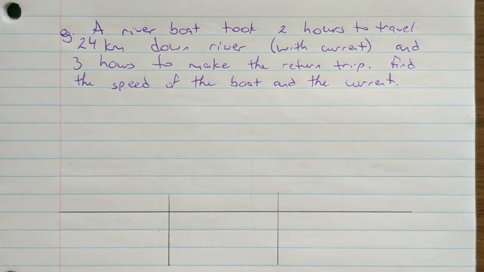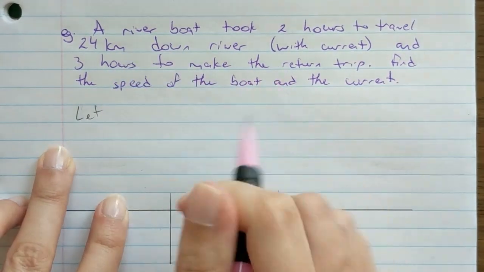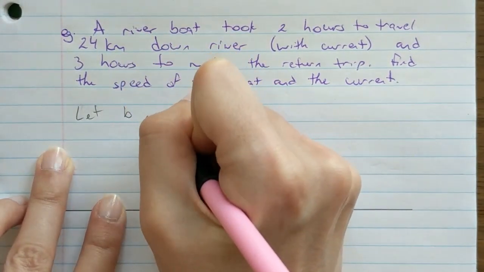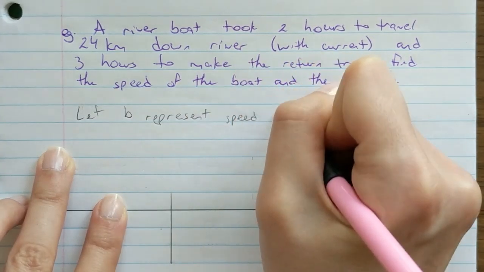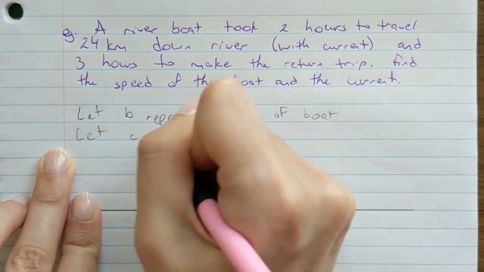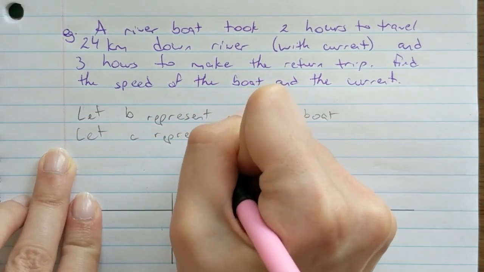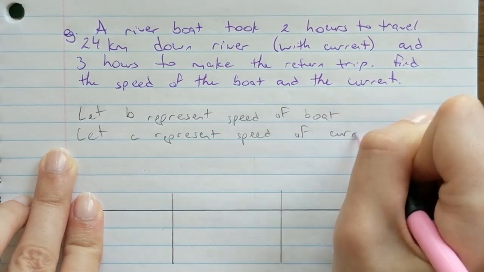Okay, we know we can find right away our let statements. Let's write those out so we know that we are looking for the speed of the boat. So I'm going to let B represent the speed of the boat, and let C represent the speed of the current.